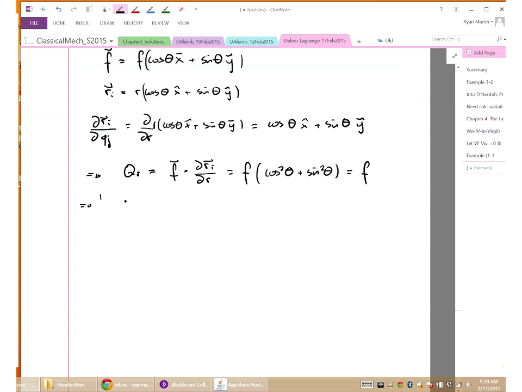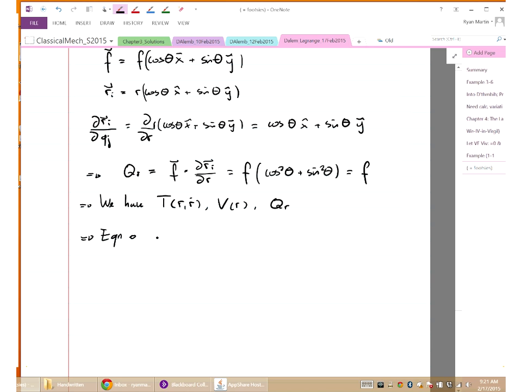So we have all the terms now, right? So we have T of R and R dot, V of R, and Q_R. So we put that into the Euler-Lagrange equation. Or no, let's not call it the Euler-Lagrange equation for now.